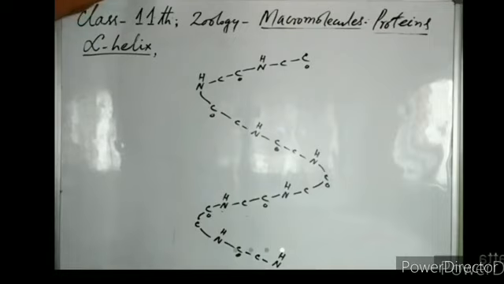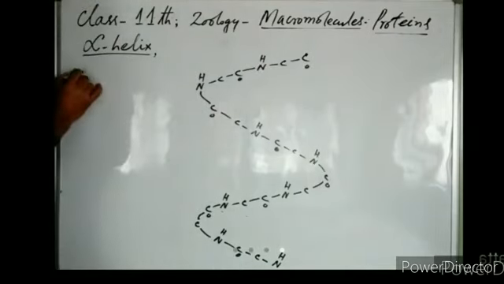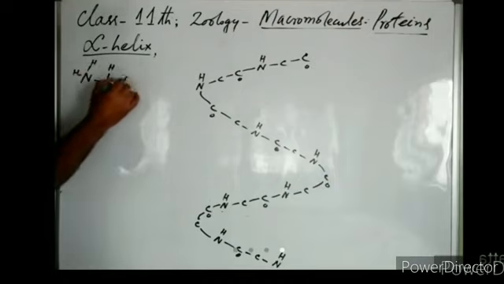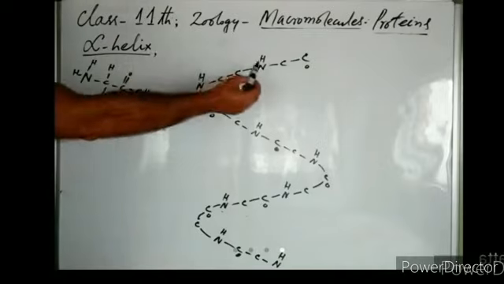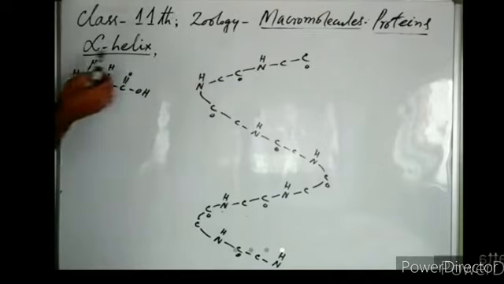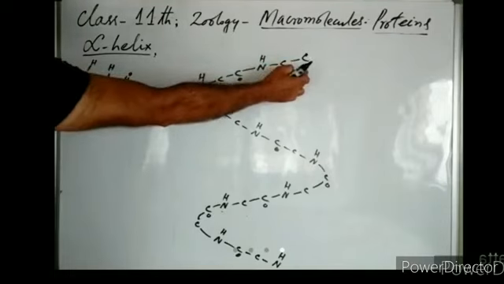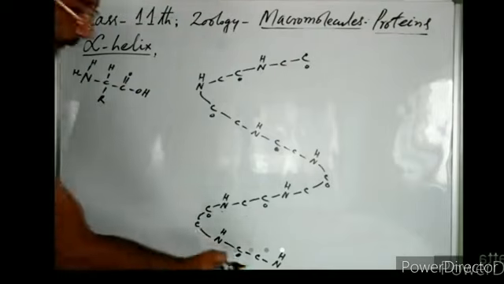Do you understand what I mean by this NHC and CO group? As I told you, an amino acid has the formula NH2, C, H, R, C double bond OH, right? So this is the general formula of amino acid. In this example, we only consider the NH group, the carboxyl group, and the central carbon atom known as alpha carbon.